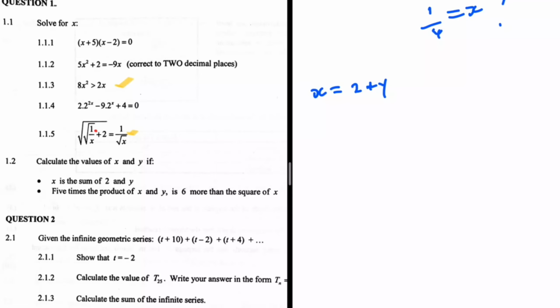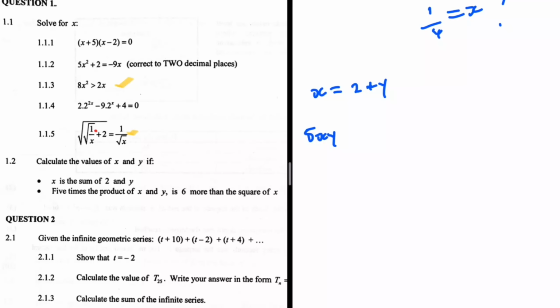5 times the product of x and y is 6 more than the square of x. Okay, so let's take a look. 5, the product of x and y, is 6 more than the square of x.